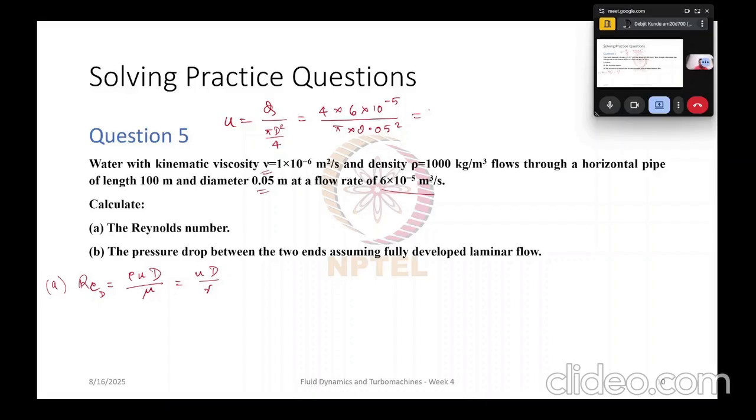So we have 4 multiplied by 6 multiplied by 10 power minus 5. Then we need to divide this by pi, and we also have to divide this by 0.05 square.